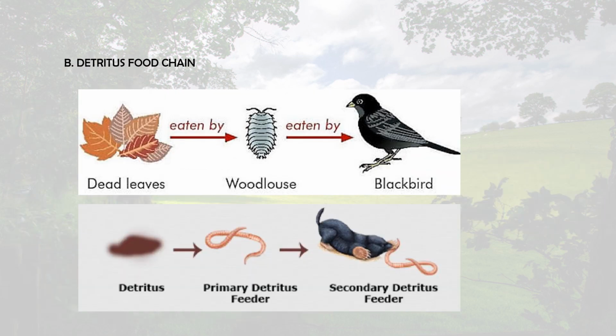And the next one is the detritus food chain. From the title only, we can know that detritus means waste material.